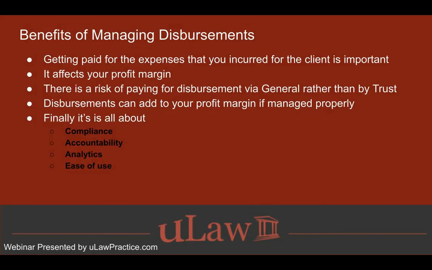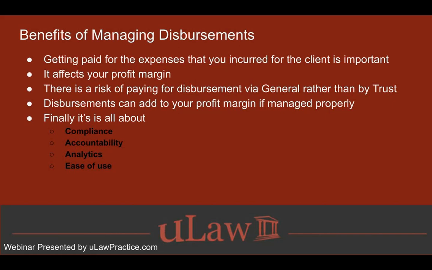And disbursements can add to your profit margin if managed properly. For example, if you're using disbursements paid from the general account, sometimes people tend to add admin charges or handling charges or photocopy charges, even though they have not incurred them. And it becomes part of the profit margin if it is being added properly.